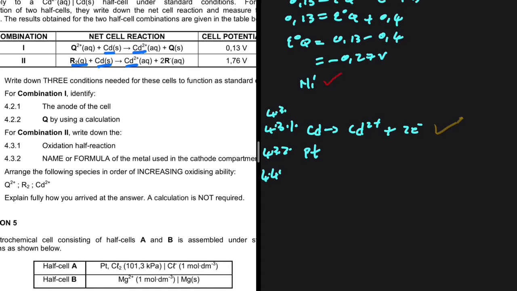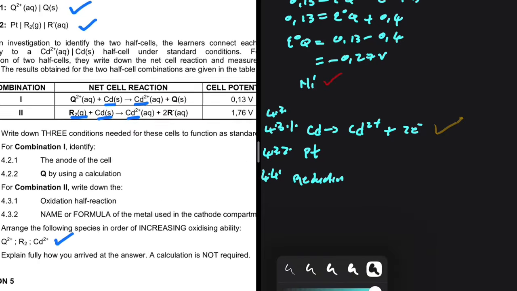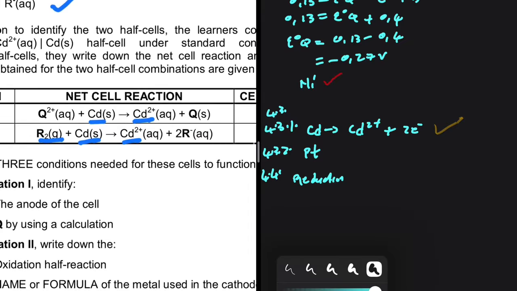The last question, 4.4. Identify the following species in order of increasing oxidizing ability. The oxidizing agent undergoes reduction. We need to know that. So let's take a look at this. Between Q to the 2 plus and Cd to the 2 plus, Q to the 2 plus is a strong oxidizing agent as it goes under reduction.